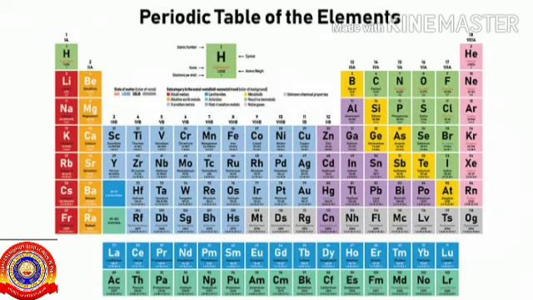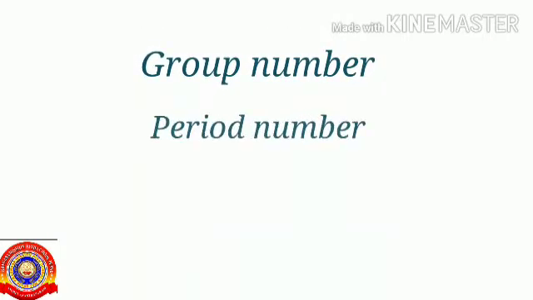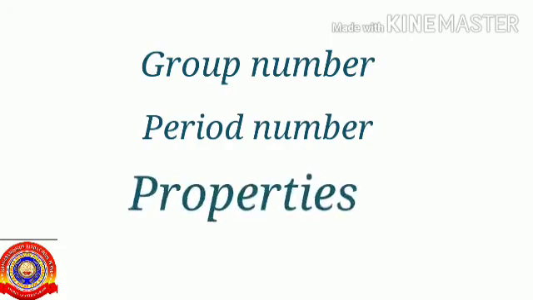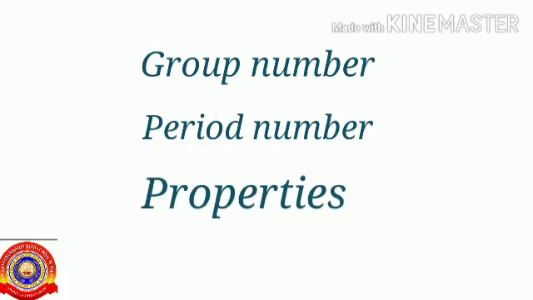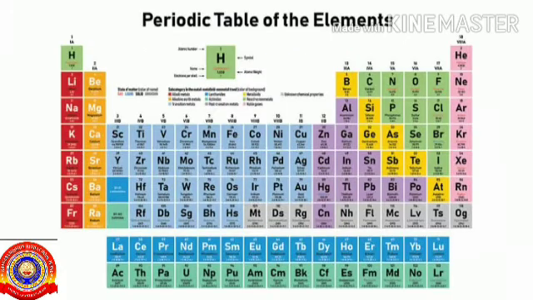For example, if you know the atomic number of an element, you can determine its position and nature from the periodic table. For example, its group number, period number, and its properties. So I told you, the basis of the periodic function of elements is their atomic structure. Let's learn more about this periodic table.